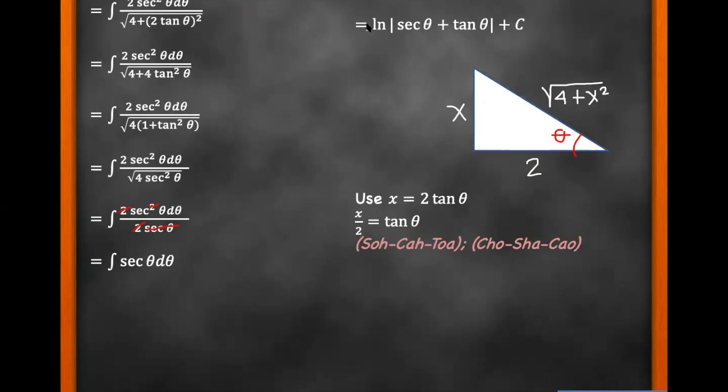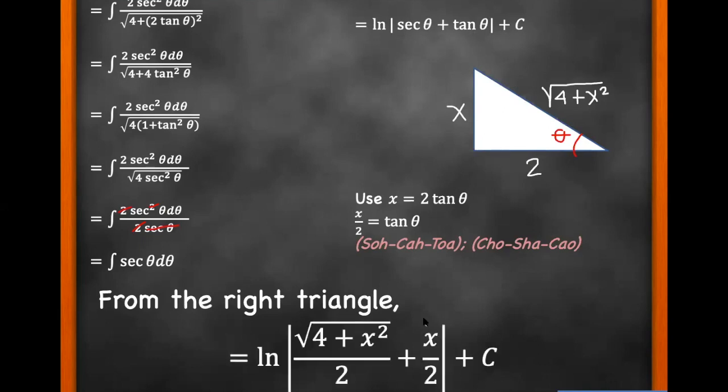Now going back to this answer, we need to replace theta by the original variable, the x variable. So from this right triangle, we can say that the ln of secant theta plus tangent theta plus c is equal to, secant theta means hypotenuse over the adjacent.